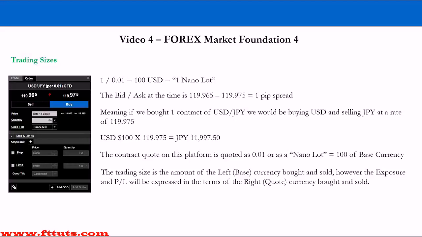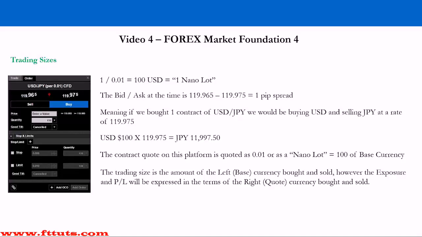So imagine if we calculated our pip value incorrectly in this example, and let's say we wanted to have an exposure in this currency pair that's equivalent to 1 million Japanese yen.